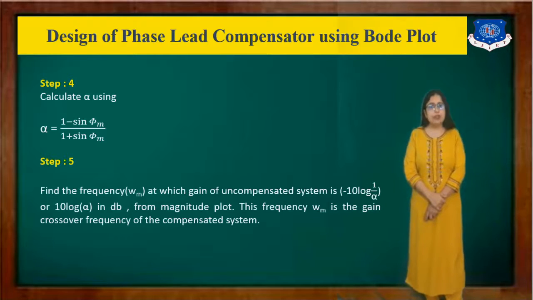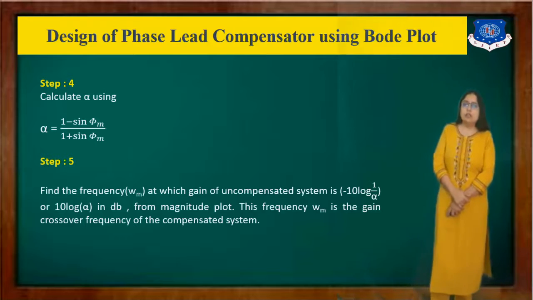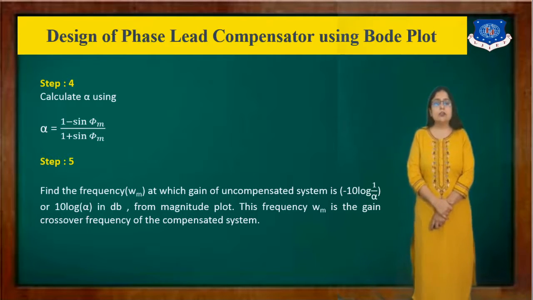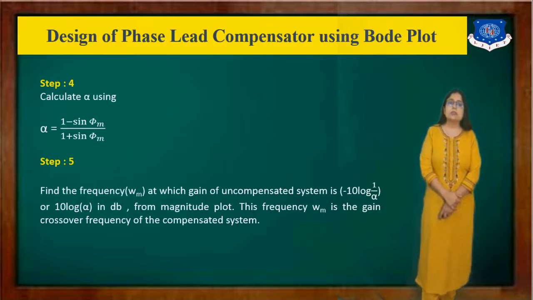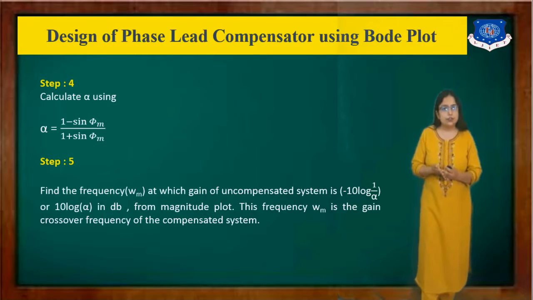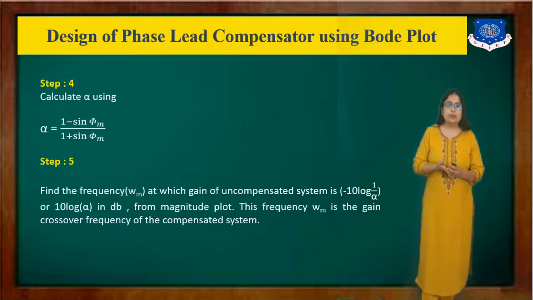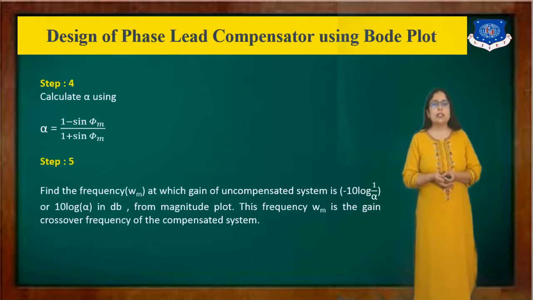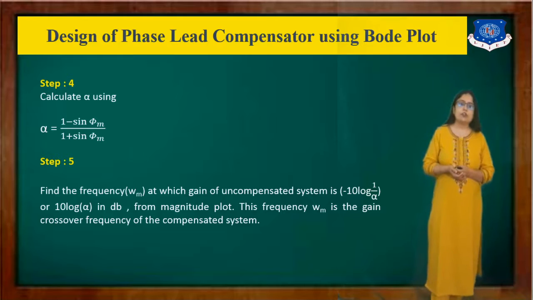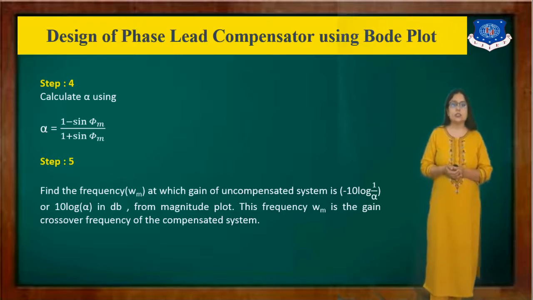Then in step number 5, we have to find the gain of the uncompensated system using the equation minus 10 log of 1 by alpha, or simply you can take plus 10 log of alpha in dB, from the magnitude plot, and then the frequency omega m is the gain crossover frequency for the compensated system.